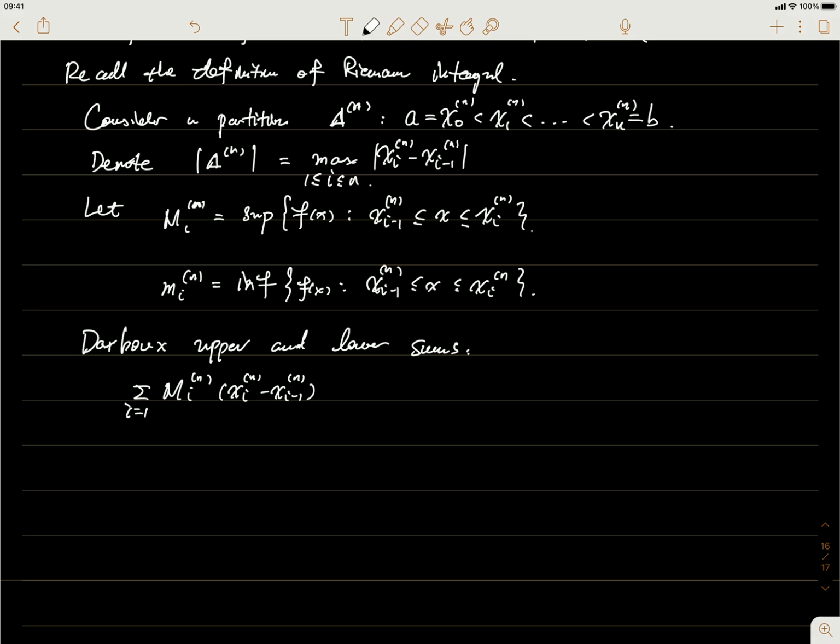I should say that it's not necessarily partitioned into n segments, so it's k_n. For the index n, we partition into k_n segments. So here i goes from 1 to k_n, which could be an arbitrary number. And this is the upper sum, and the lower sum is just the same thing with lowercase m.